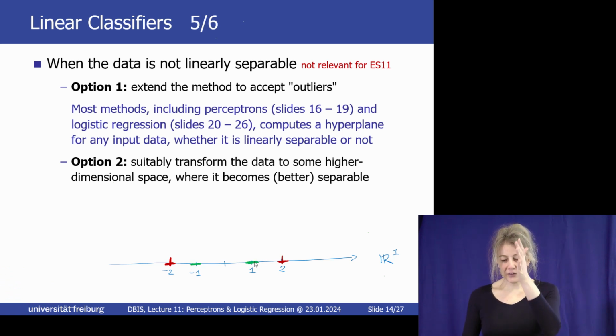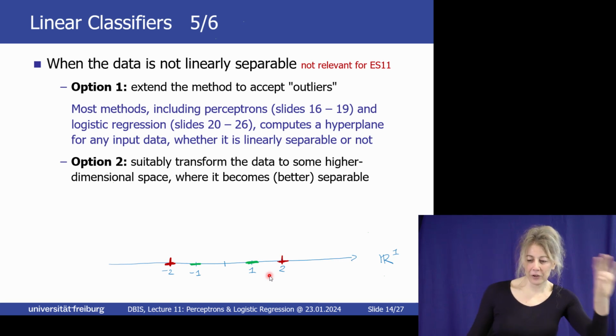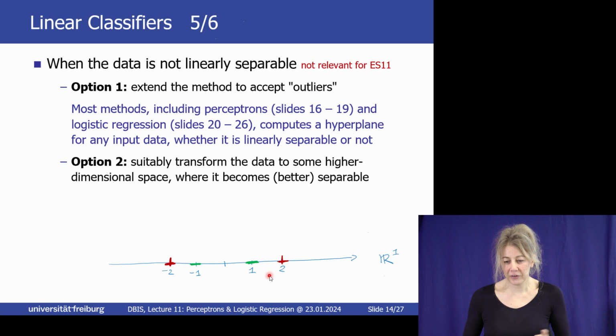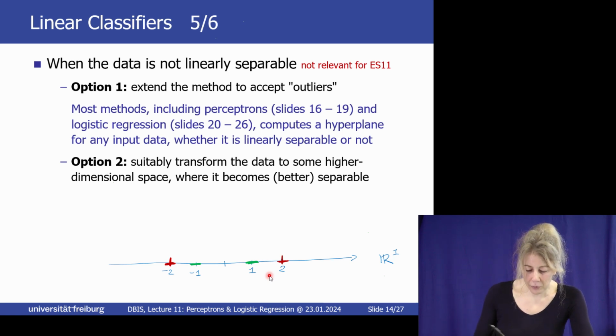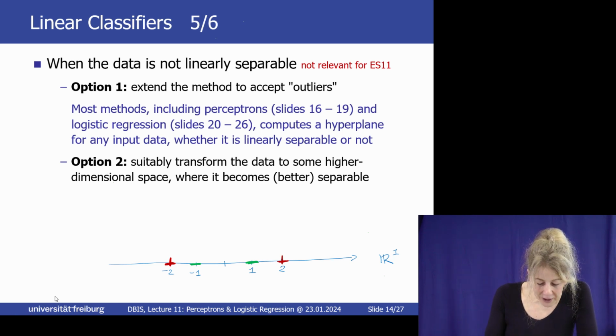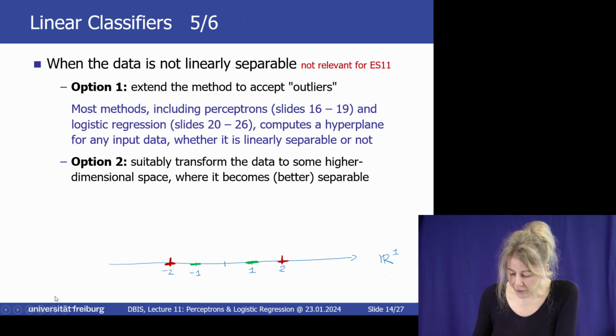So a linear separator here would just be a value also. I mean, this can't be linearly separated, right? There's no way. You would need 2 cuts or intervals or something like that, but you just can't cut them. Of course, if all the minuses are on one side, all the pluses on the other side, it would work. And now, by lifting it to a higher dimension, let's just look at the function.